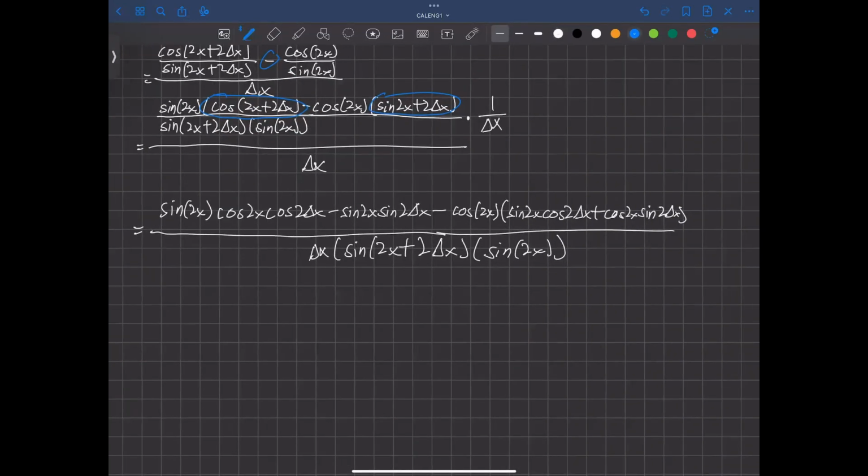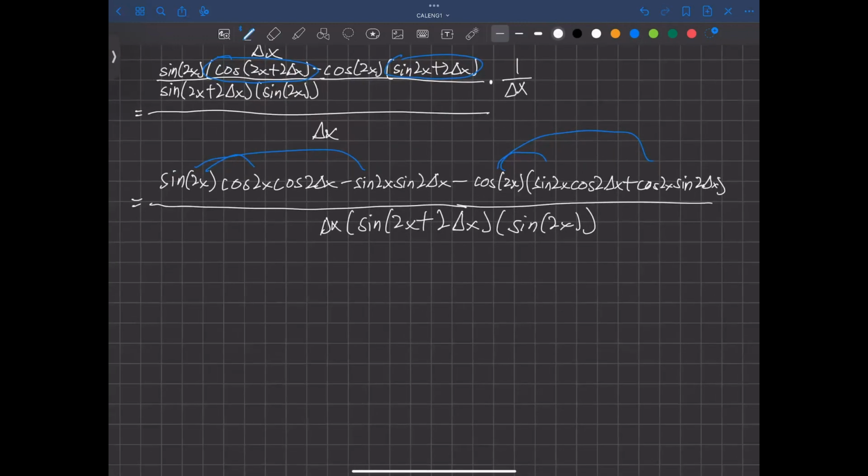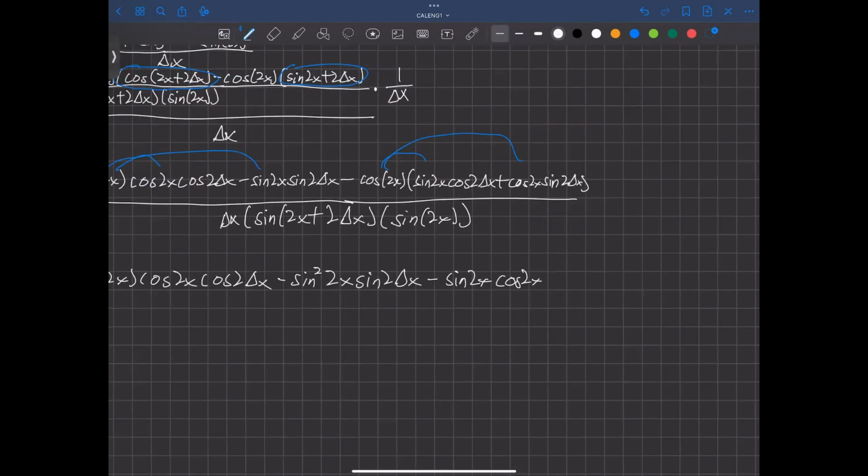Next, what you have to do is to distribute sine 2x to this and to this, and cos 2x to this and to this. We will be given sine 2x cos 2x cos 2 delta x minus sine squared 2x sine 2 delta x minus sine 2x cos 2x cos 2 delta x minus cos squared 2x sine 2 delta x.